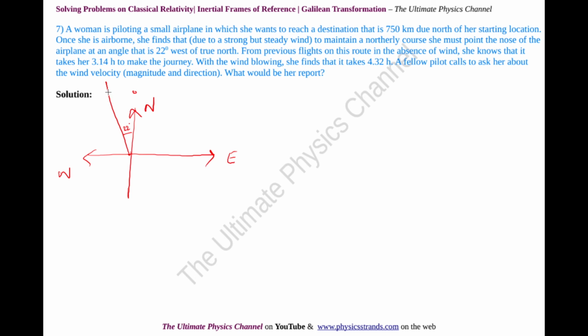Her plane has to be pointed in this direction so that the wind takes her to true north, her desired destination. From previous flights on this route in the absence of wind, she knows that it takes about 3.14 hours to make the journey. With wind blowing now, she finds that it takes longer, 4.32 hours.